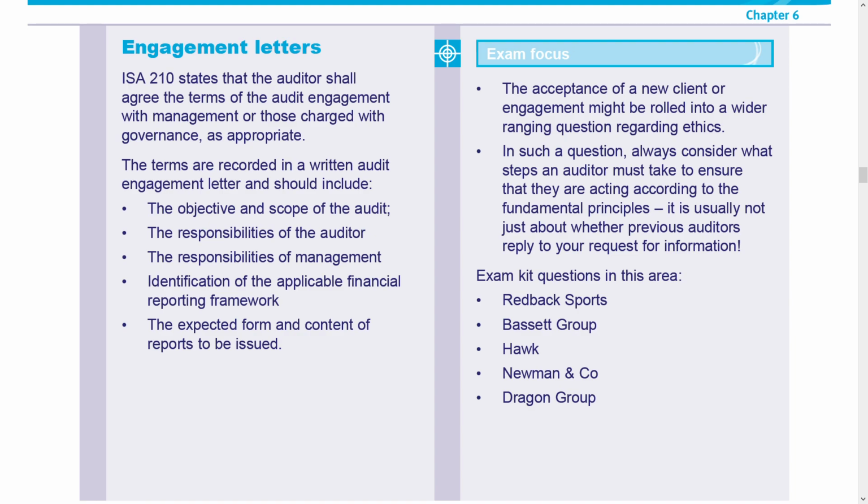It includes the objective and the scope of the audit, responsibilities of the auditor, responsibilities of the management, identification of the applicable financial reporting framework. For example, it could be IFRS or IAS, whichever standard is being used. Then the last, the expected form and content of the report to be issued.